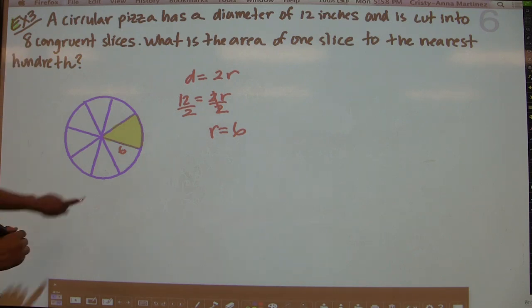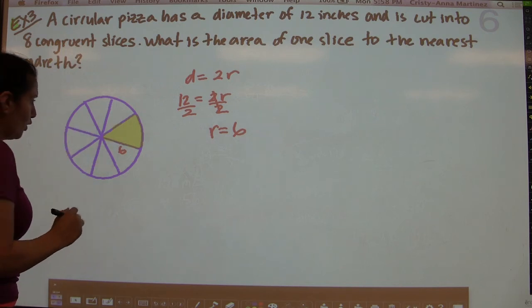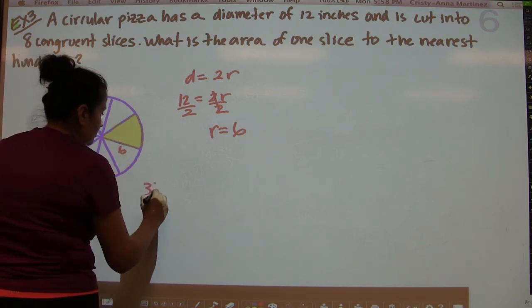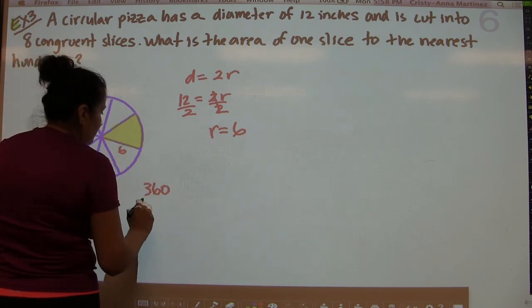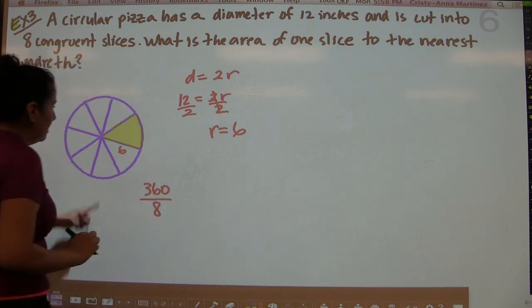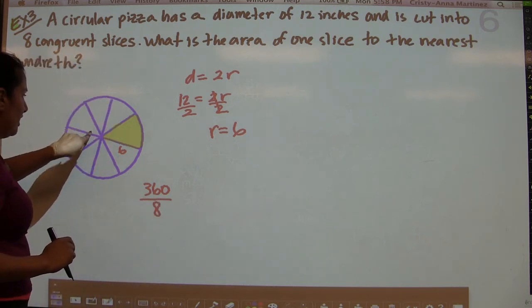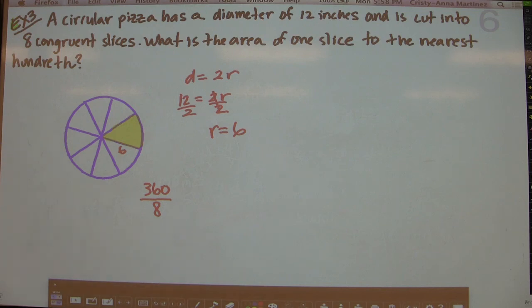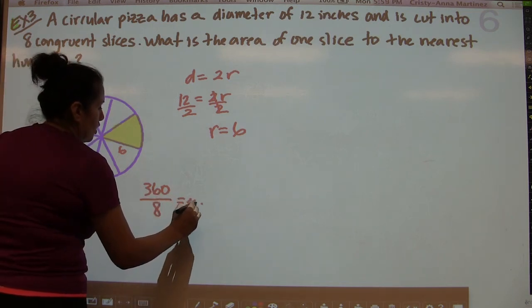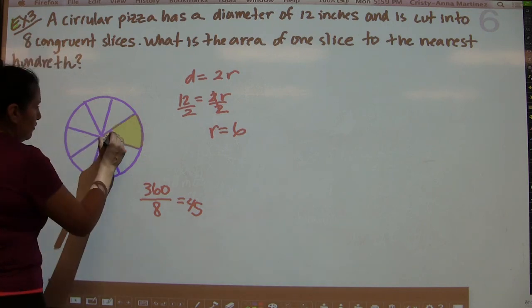Because there are 8 congruent slices, we're going to take the 360 and divide it by 8, because that'll tell us what the degree measure is for each of those sectors. So if you take 360 and divide it by 8, you get 45. So the degree here is 45.